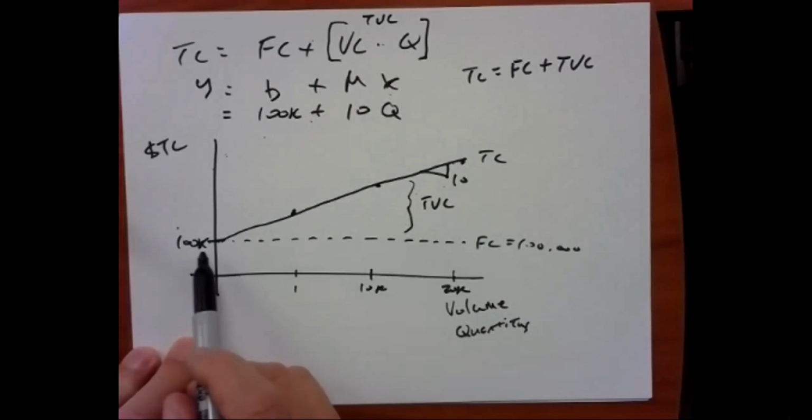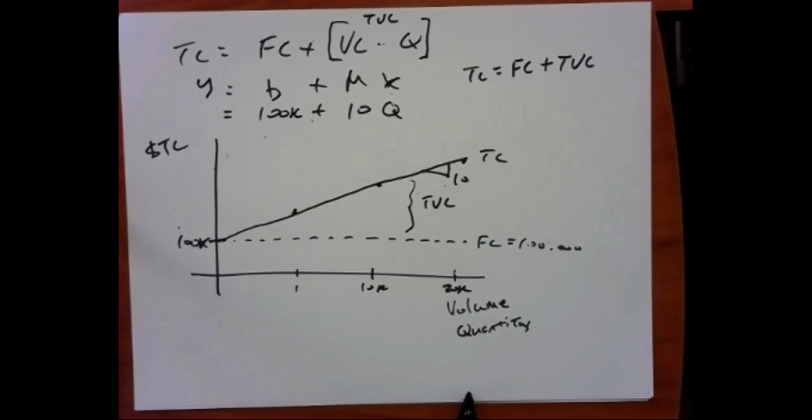So the key here is to remember that the fixed cost kind of sets my baseline, and then as I add additional quantity, right, my total costs keep going up. Now, what happens if we want to go past 20,000, our relevant range? What has to happen?